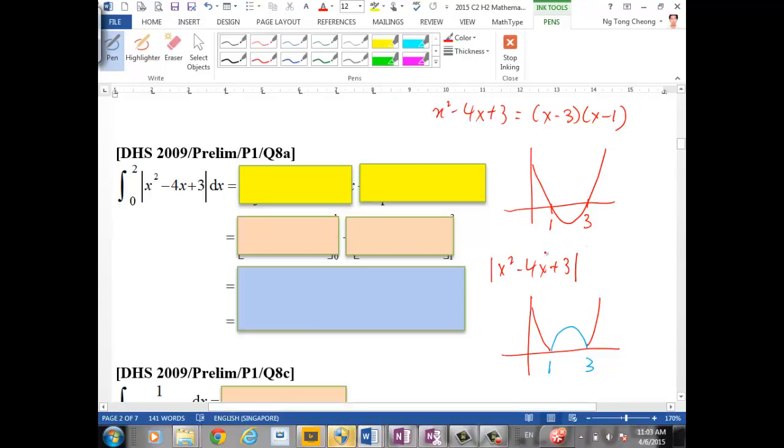So you see that, for this modulus function here, this portion of the graph is exactly the same as this. Whereas for this interval here, your graph here is the negative of this. Can you see that? Alright, let's say this part here, this is actually negative of x squared minus 4x plus 3. Alright, it's the reflected part.